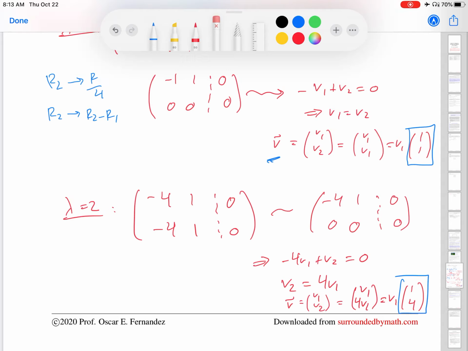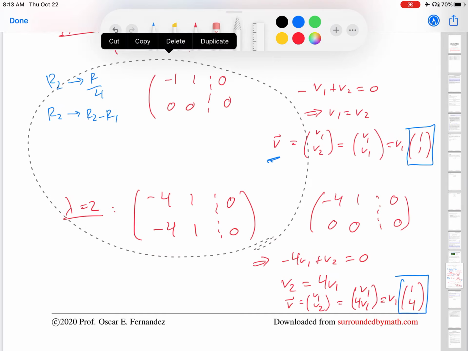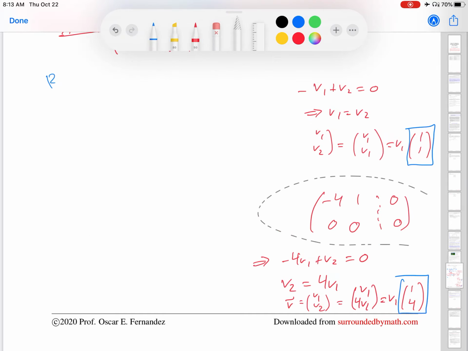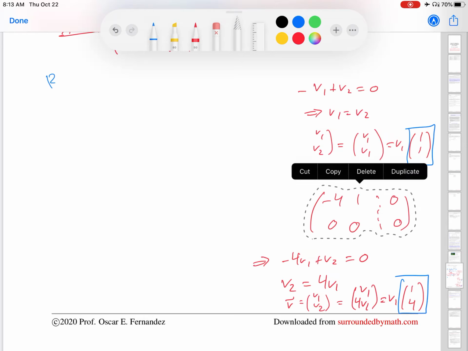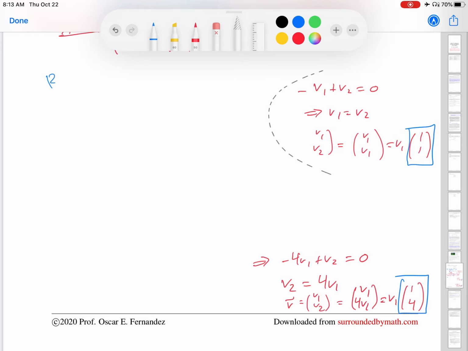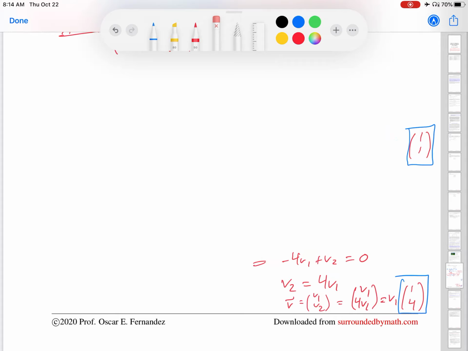Great, so I'm going to remove all of the clutter now and talk about how we write down the final solution, or the two solutions for this system. The general solution for the system we are going to talk about in the next video. So I'm just going to stay here and eliminate all this clutter.